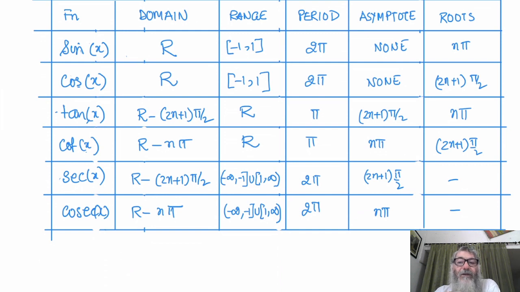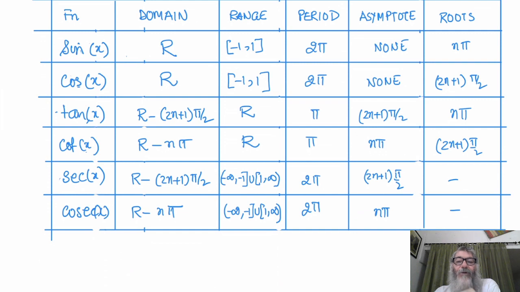Sin x cannot take a value greater than plus 1 and it cannot take a value less than minus 1.